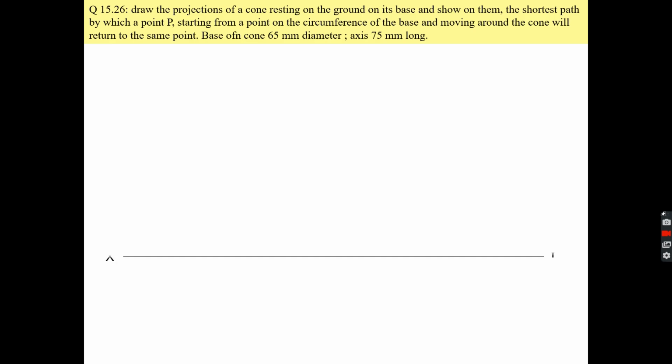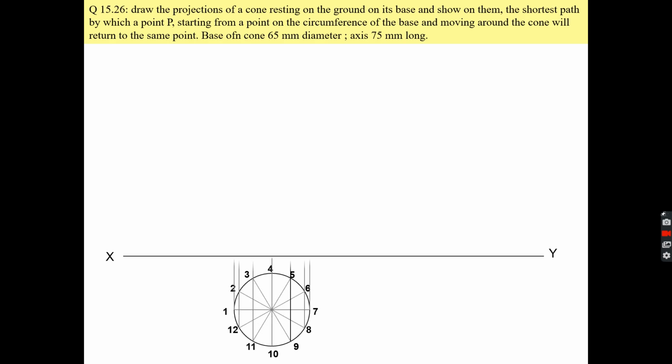So first you have to draw the front view and top view of the cone, and divide the circle into 12 parts, and this is your front view and top view completed.